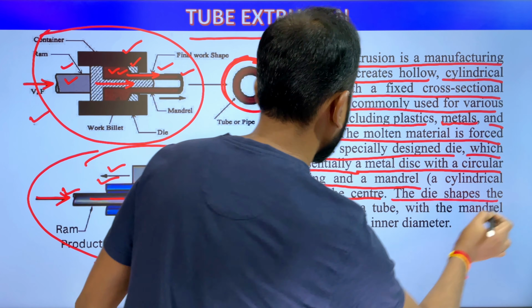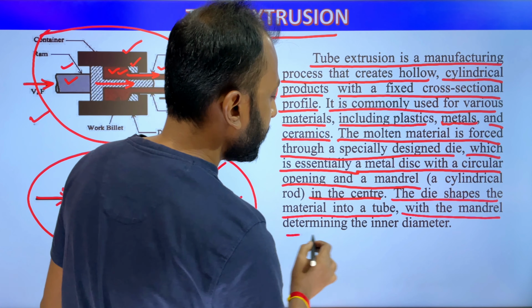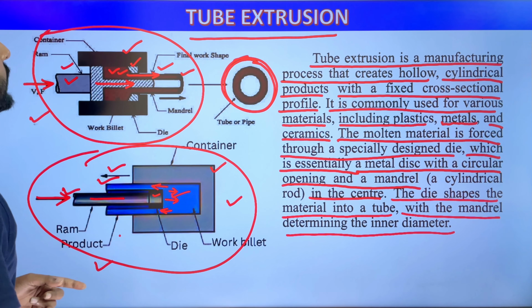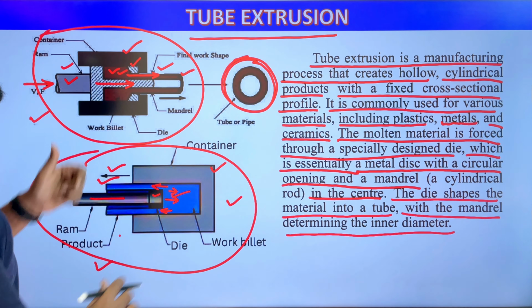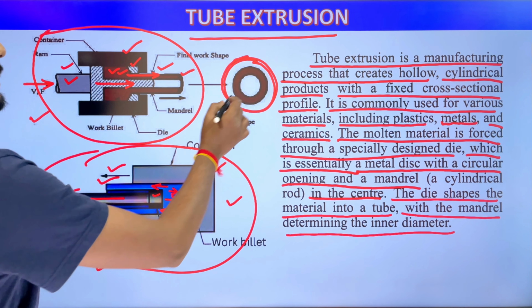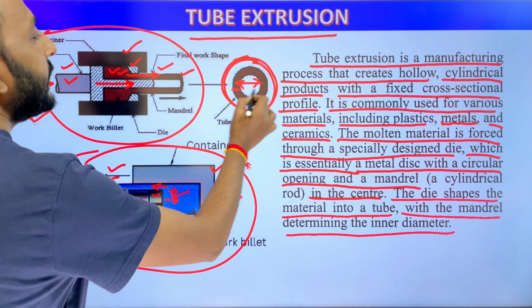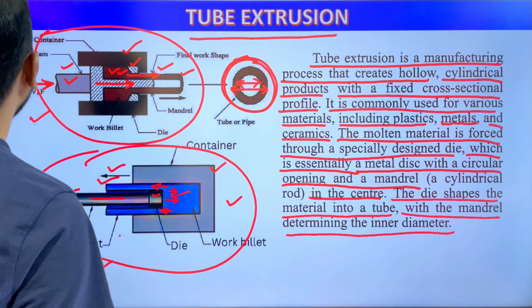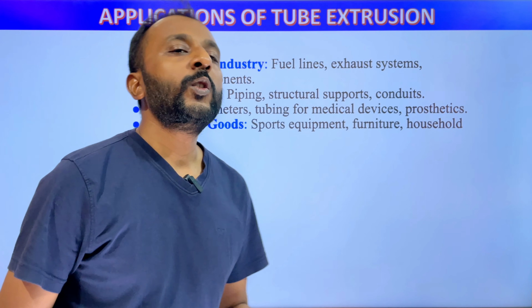The die shapes the material into a tube with the mandrel determining the inner diameter. So in forward extrusion, the diameter of the mandrel is same as the internal diameter of the hollow product and the external diameter is same as the internal diameter of the die. So what are the applications of tube extrusion?